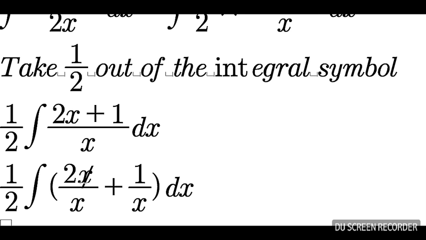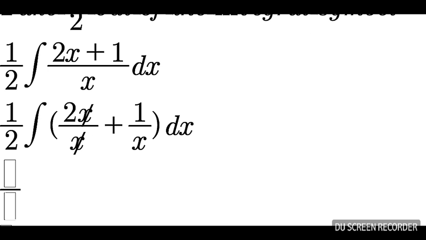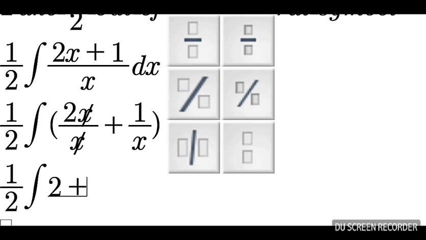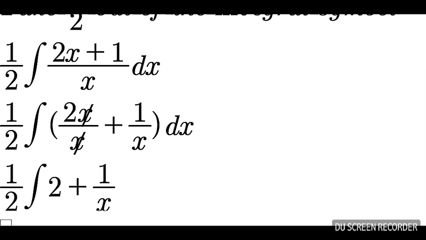So we cancel out the x, which reduces the equation to half, that is 1 over 2 integral of 2 plus the fraction 1 over x, dx.